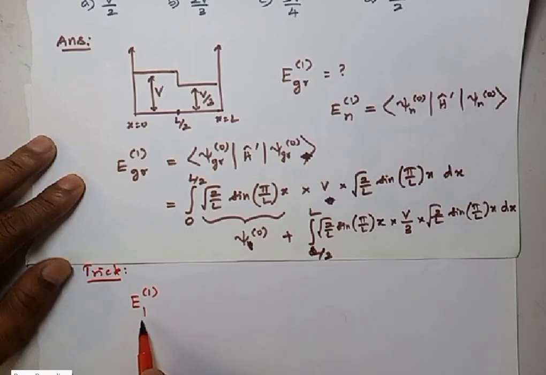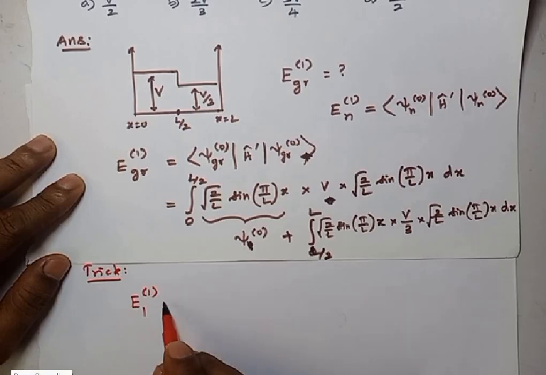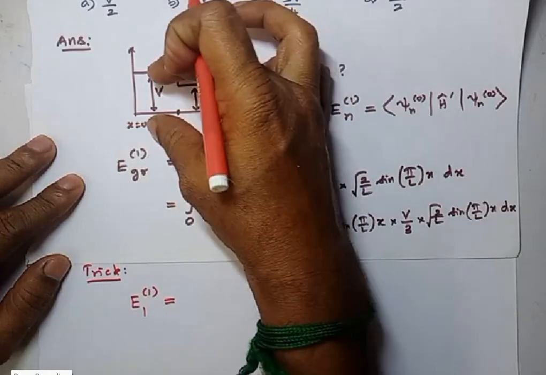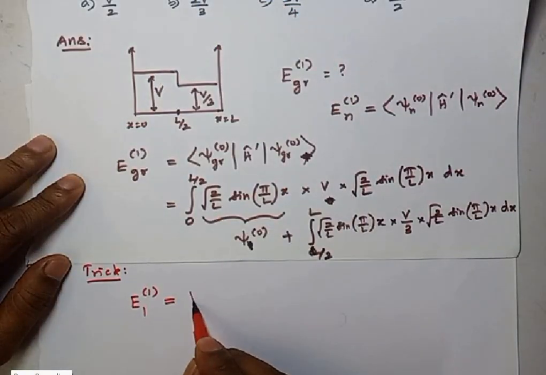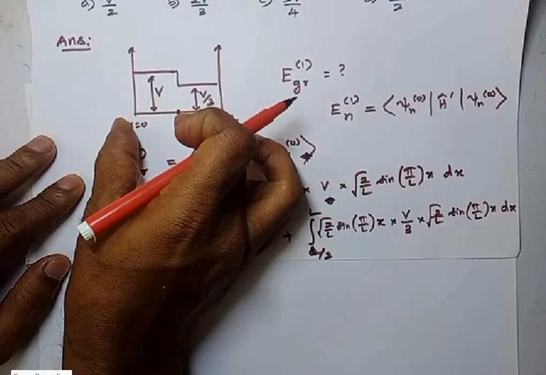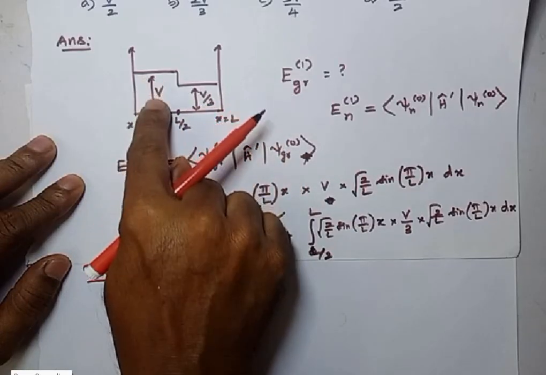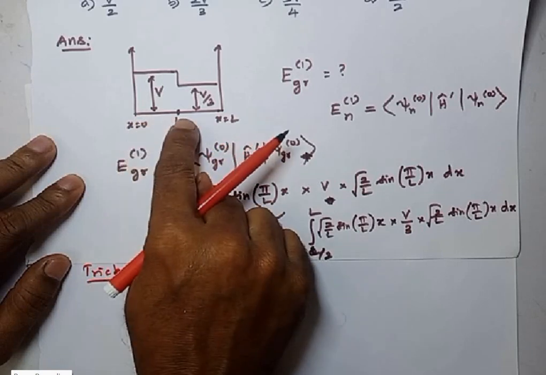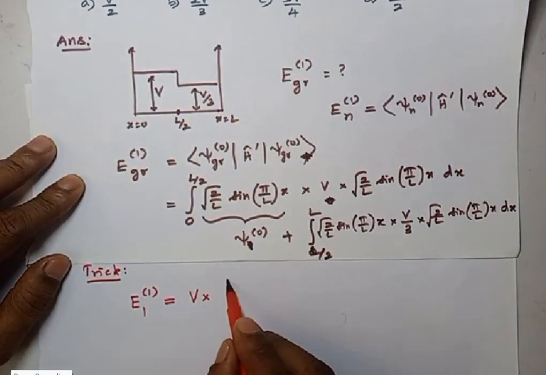For particle in 1D box, n equal to 1 gives you the ground state. Now for the first half of the box, potential is constant. What is the potential? V. What is the length of the perturbation? For potential V, the length of perturbation is 0 to L by 2, which is nothing but L by 2 length.